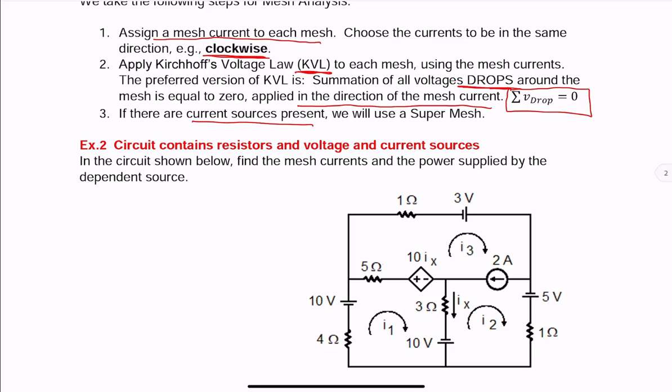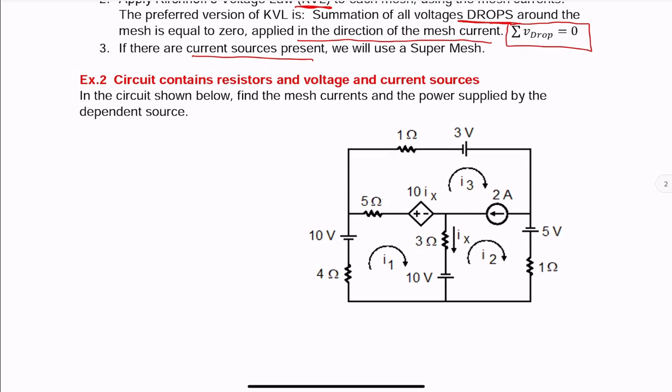So in this example, we are looking at voltage sources and a current source. We are using voltage drop simply because that makes everything simple.